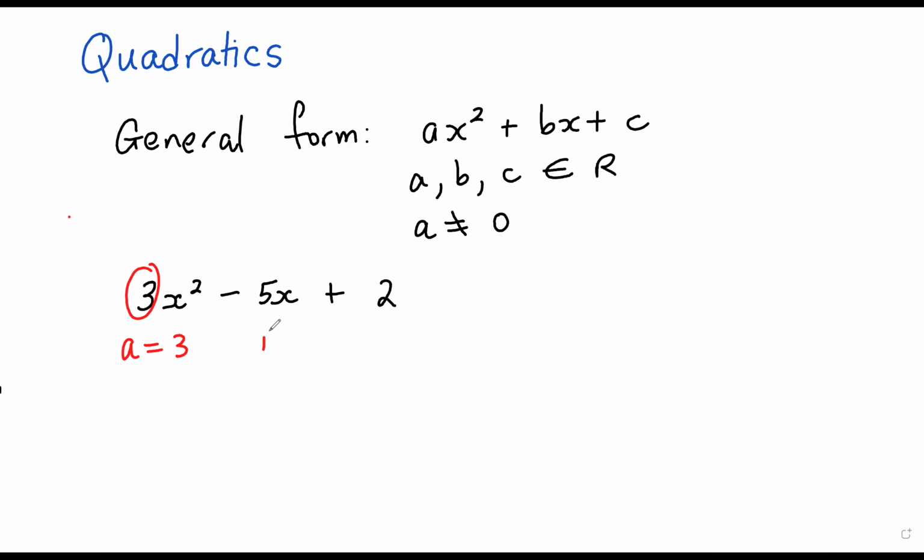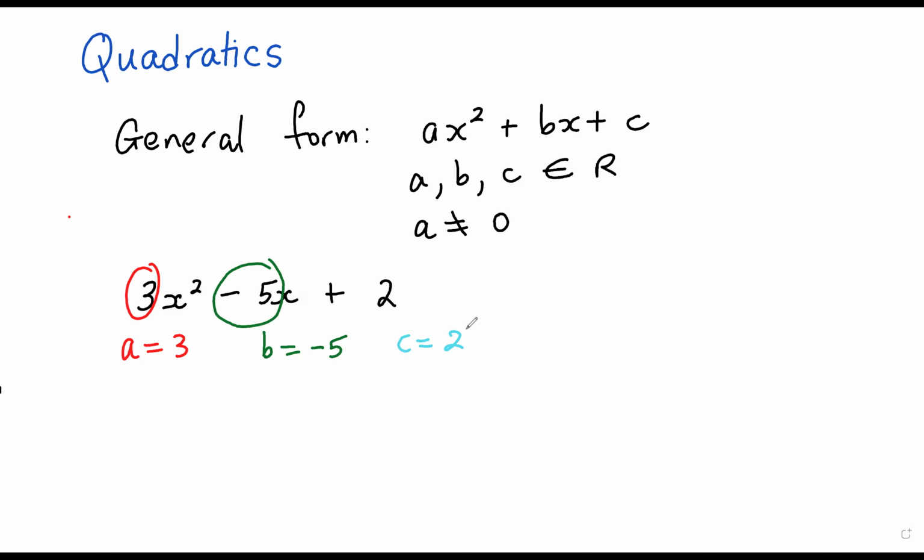B is negative 5. So it's not just 5, but it's negative 5. And then c is equal to 2. So the general form of a quadratic is ax squared plus bx plus c. a, b, and c belong to the real numbers, and only a cannot be equal to 0. b can be equal to 0 and c can be equal to 0, but a cannot be equal to 0.